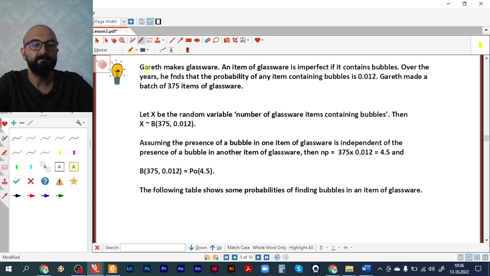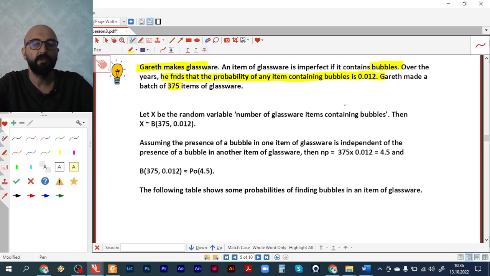Garrett makes glassware. An item of glassware is imperfect if it contains bubbles. Over the years, he finds that the probability of any item containing bubbles is 0.012. Garrett made a batch of 375 items of glassware.